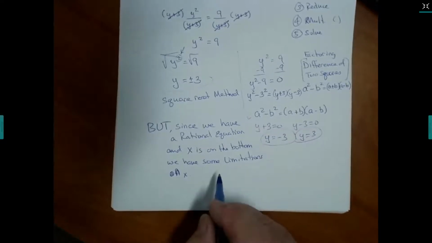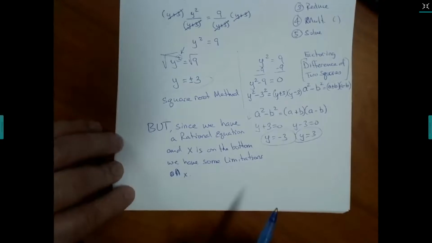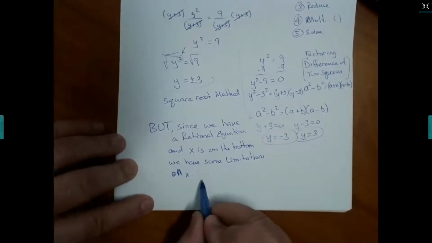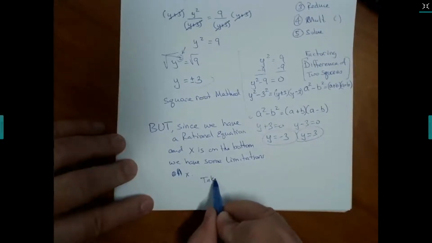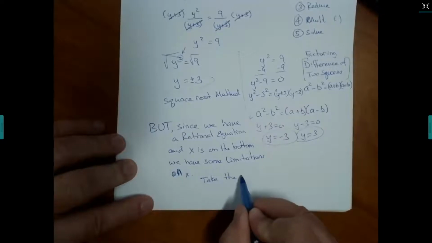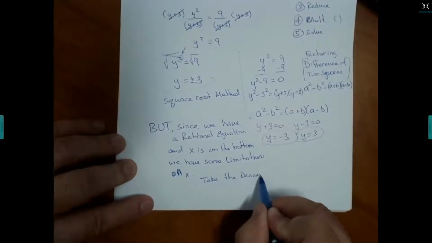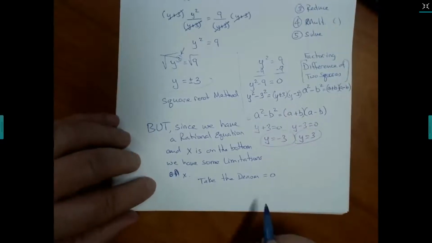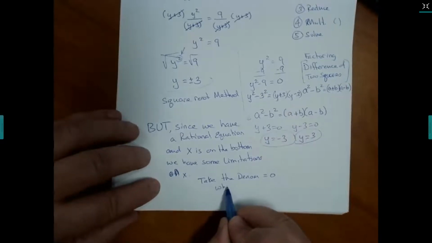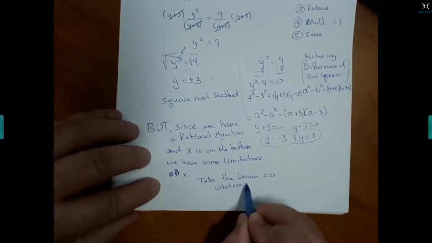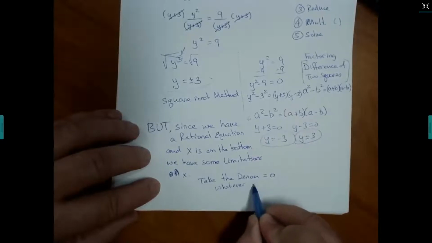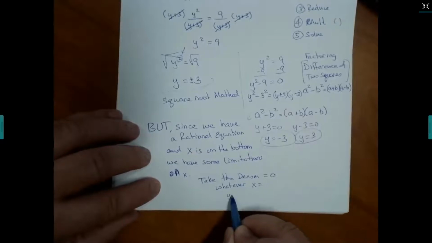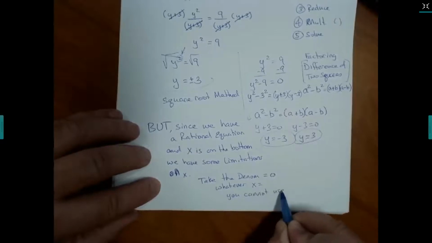In other words, x cannot equal certain numbers. Take the denominator, set it equal to 0. Whatever x equals, you cannot use.